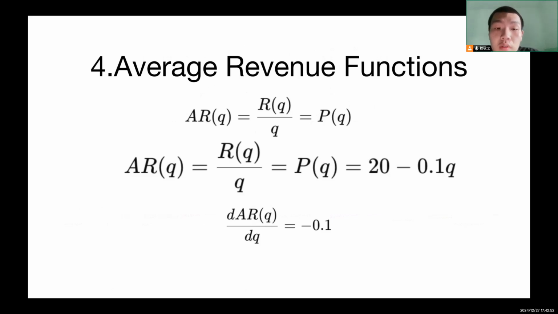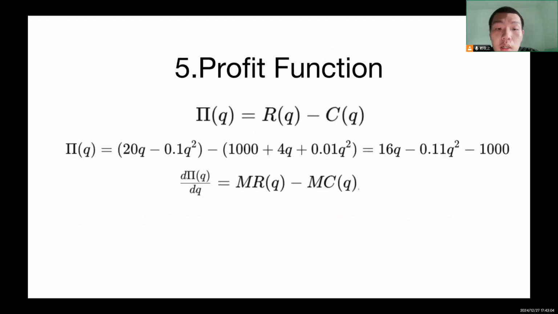So from its derivative, we can see that when we sell more pens, the revenue of a single pen is decreasing by 0.1. Next is the profit function, which means revenue minus cost, and here it is 16Q minus 0.11Q power 2 minus 1000.